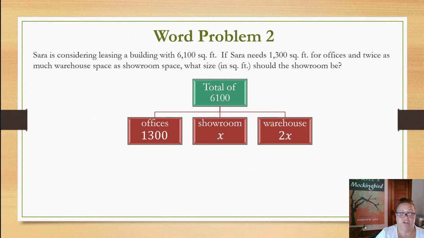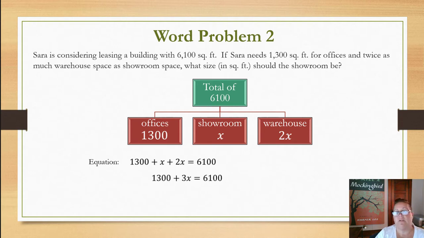So our equation will be 1,300 plus X plus 2X is 6,100. Combining like terms, I get 1,300 plus 3X is equal to 6,100.